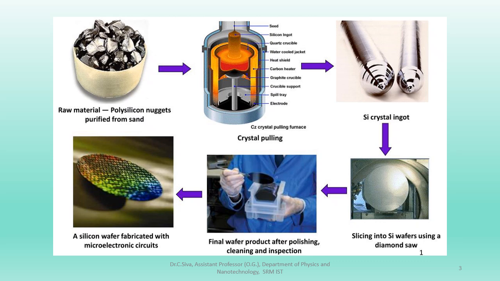Then it gets sliced, with a thickness of about 1 or 2 millimeter. Then the final wafer is polished on one side and cleaned. Inspection happens. Then the silicon is fabricated with microelectronic circuits.